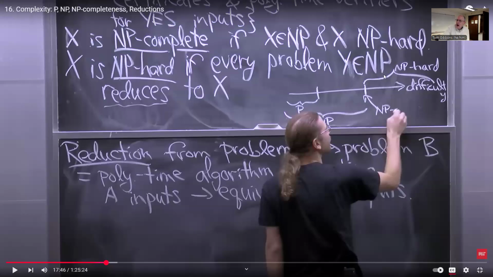Now, NP hard is more difficult problems, but they overlap. He has it as one point, and I actually think of it more as a region. I would have preferred him to draw this as a region rather than one point. So there's a region with a bunch of problems in it where these problems are both NP hard and in NP. They call it NP hard, but I would actually call it hard. There are a bunch of hard problems, and some of those are NP hard, meaning that they are in NP.